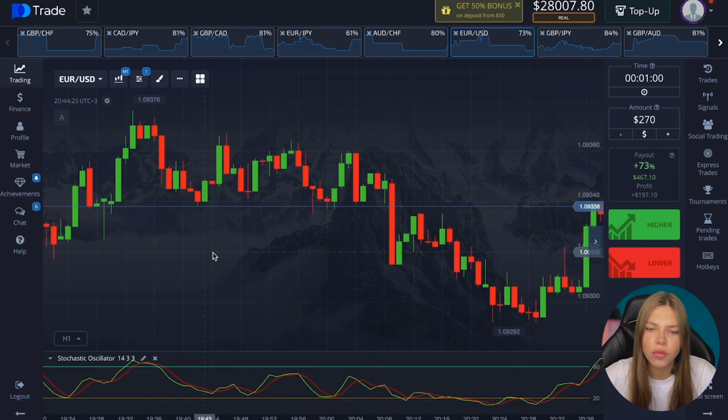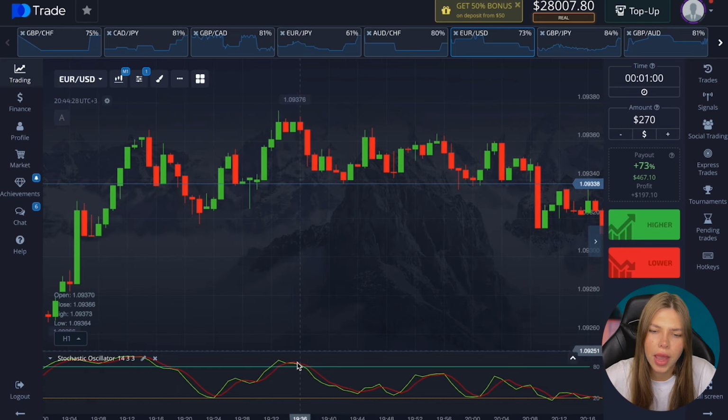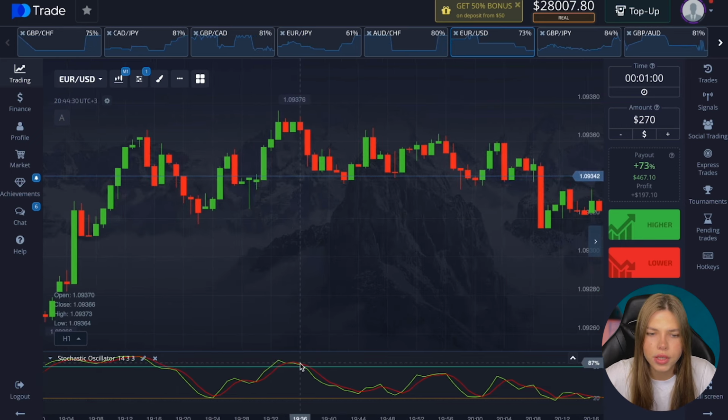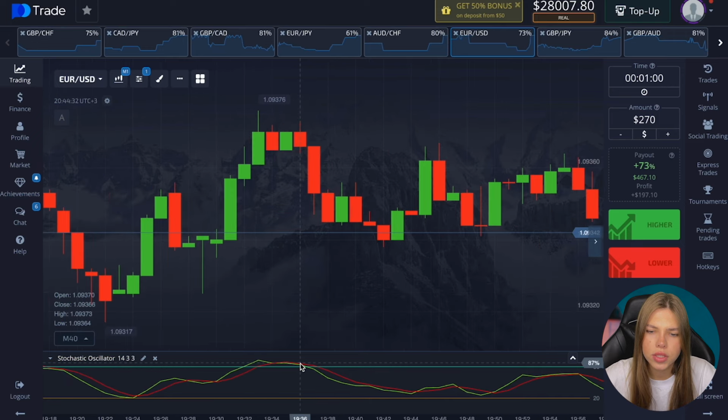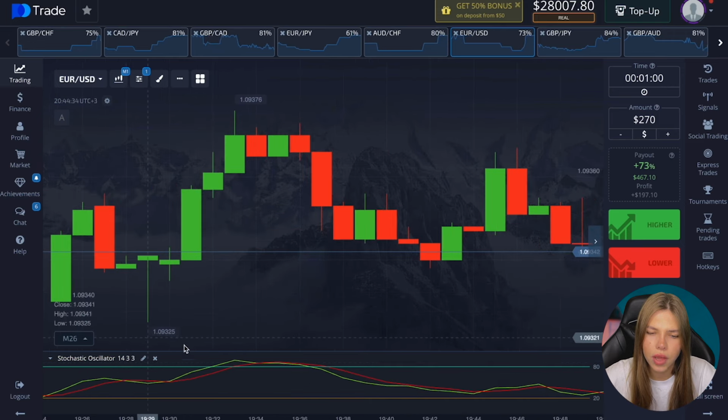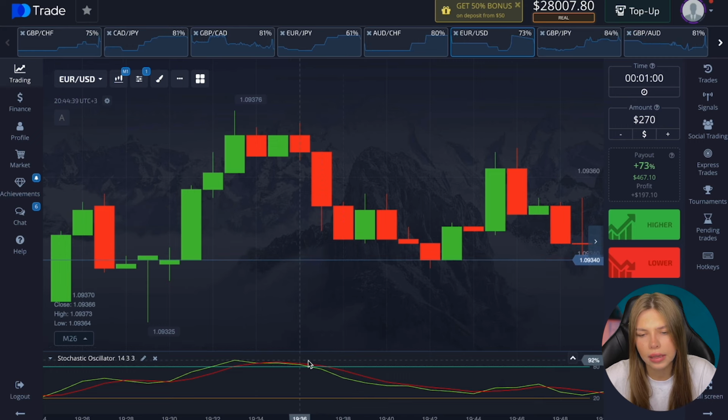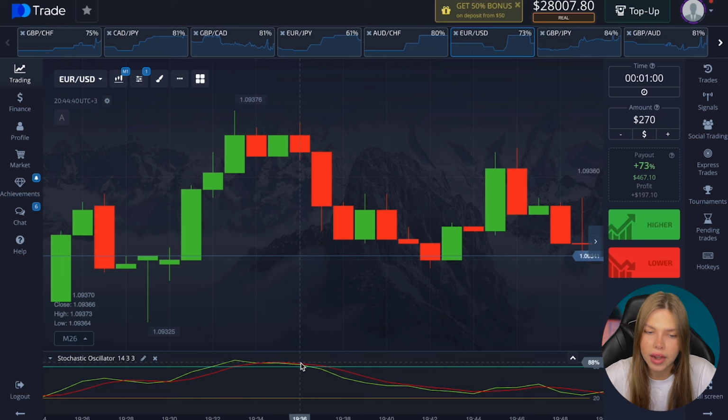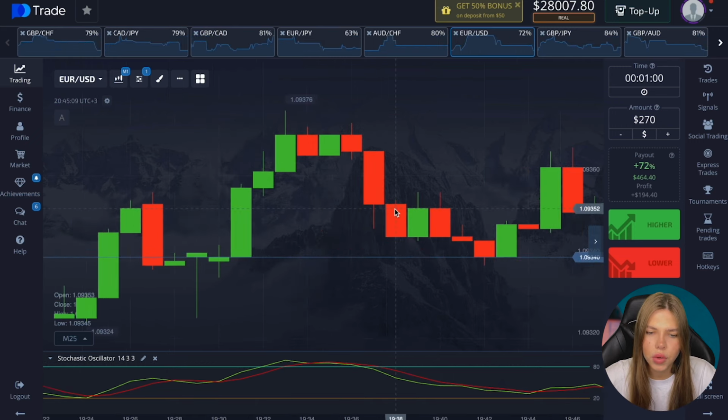Now if we have broken the maximum as here, unfortunately I can't zoom the indicator normally. If we see that our two lines have crossed and turned around and go from the maximum to the neutral zone, and the slow line, the red line in our case, is higher than the green fast one, this is a signal to us for trading. Here's our deal open, on a new candle.